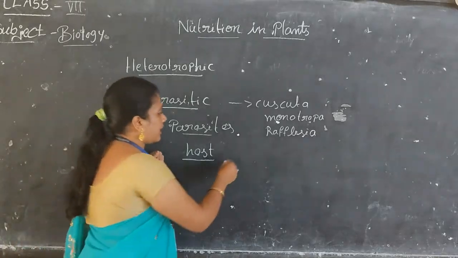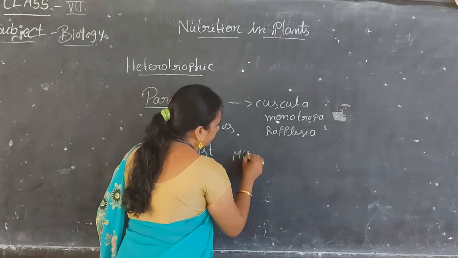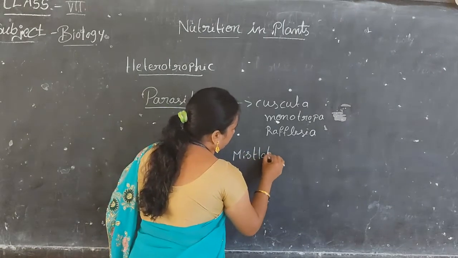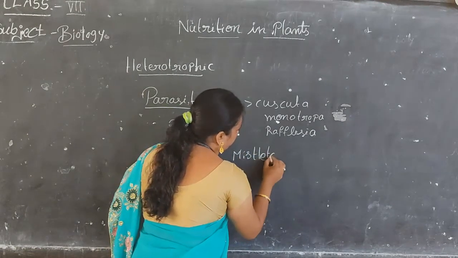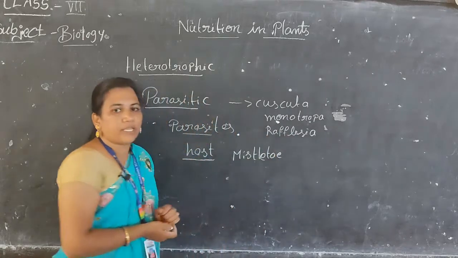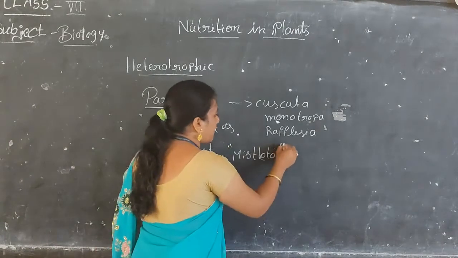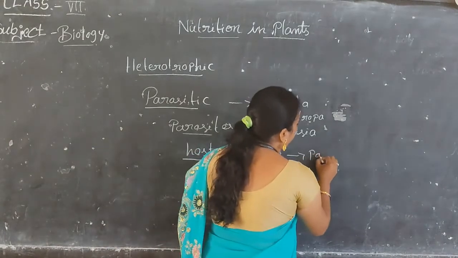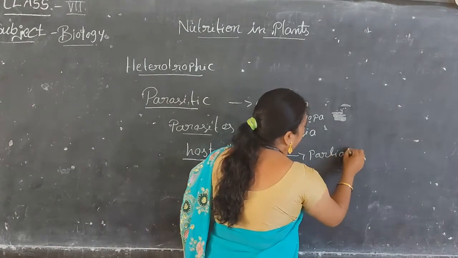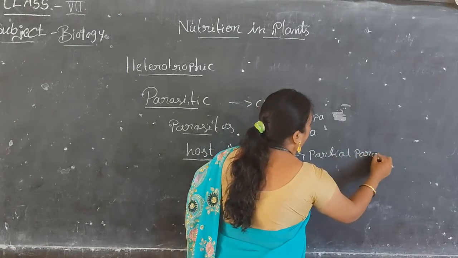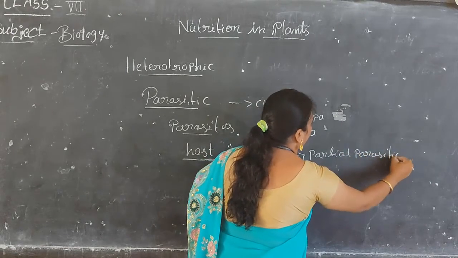Example, mistletoe. Mistletoe is an example of partial parasitic nutrition.